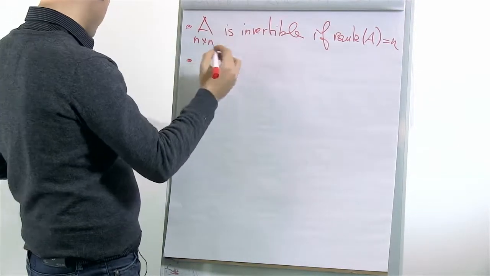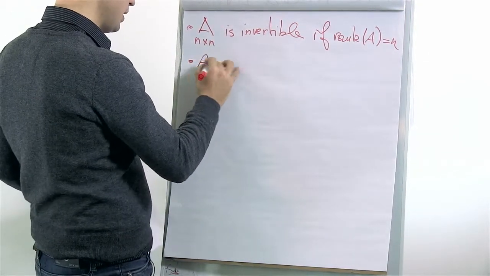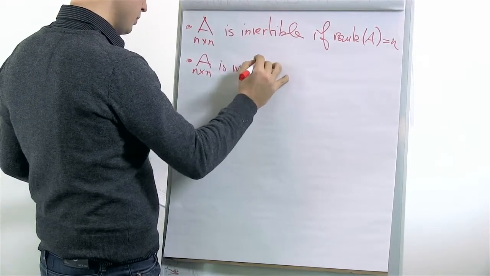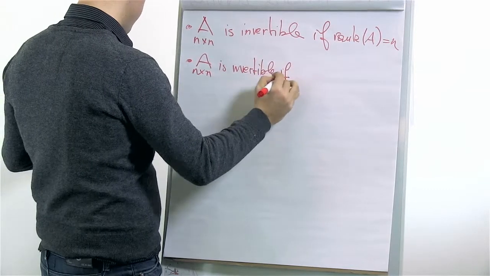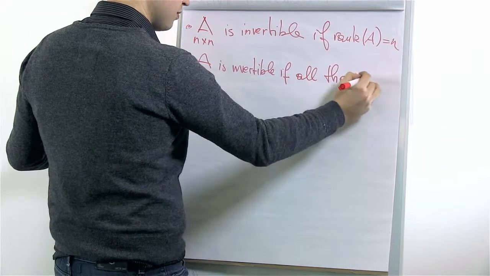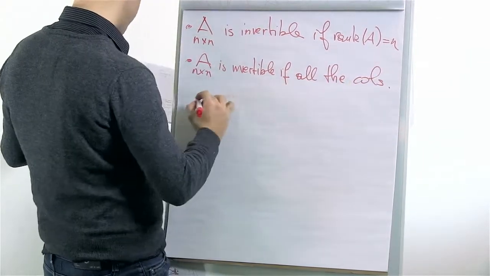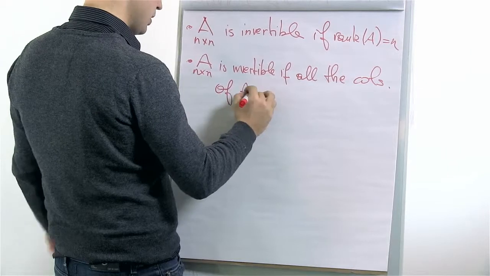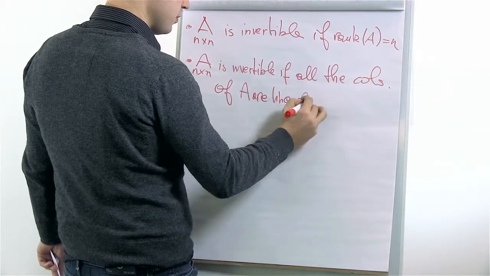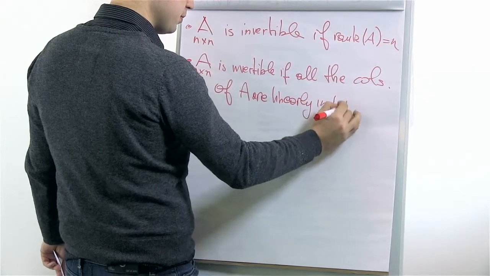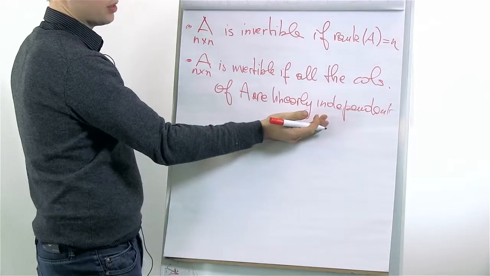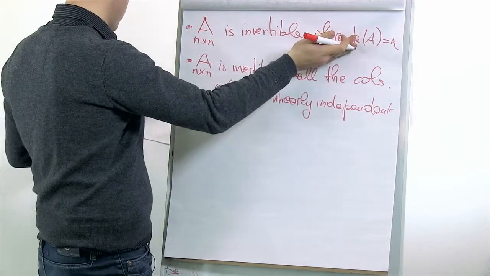Another way to say this is that A is invertible if all the columns of A are linearly independent. And this fact is related to the rank, as we said before.